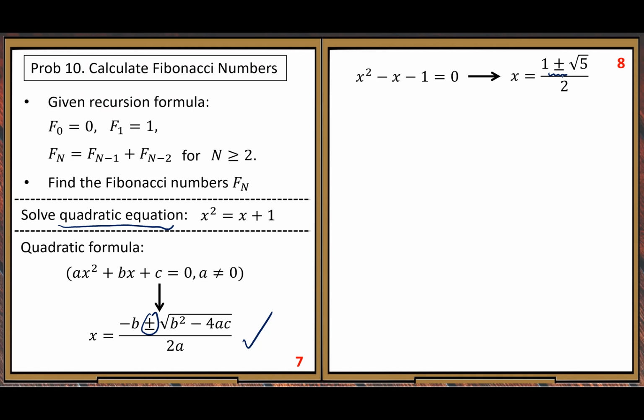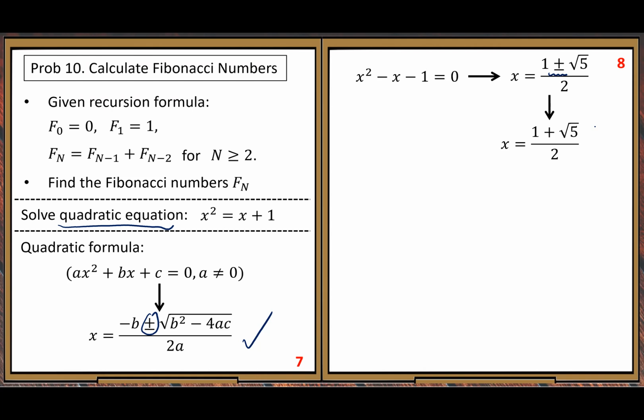So we drop 1 minus √5, because it is negative. We keep the first one, x equals 1 plus √5 over 2. So we found that solution.